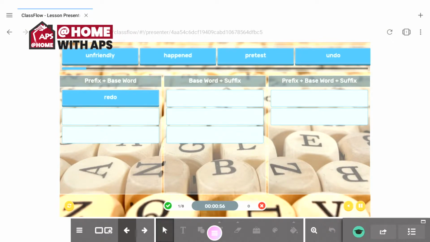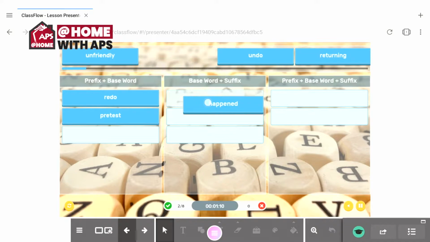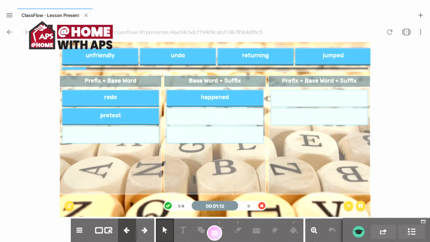Let's see, pretest. I remember that one. There's a prefix, then the base word. Happened. Happen plus a suffix. Undo. You can redo and you can undo. The base word is do.